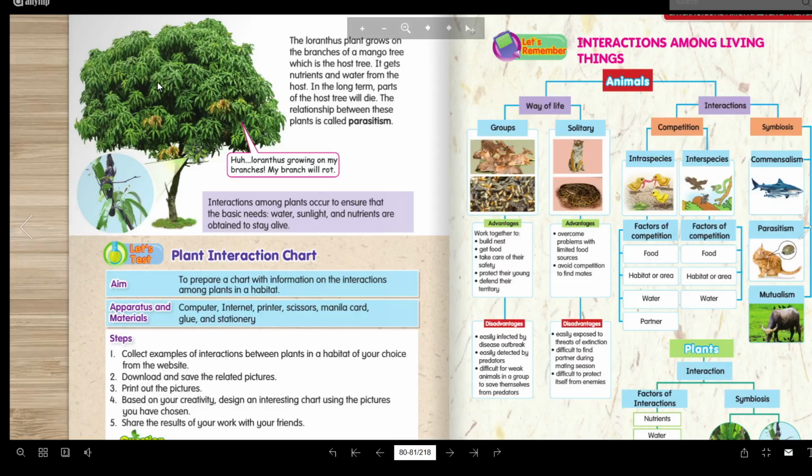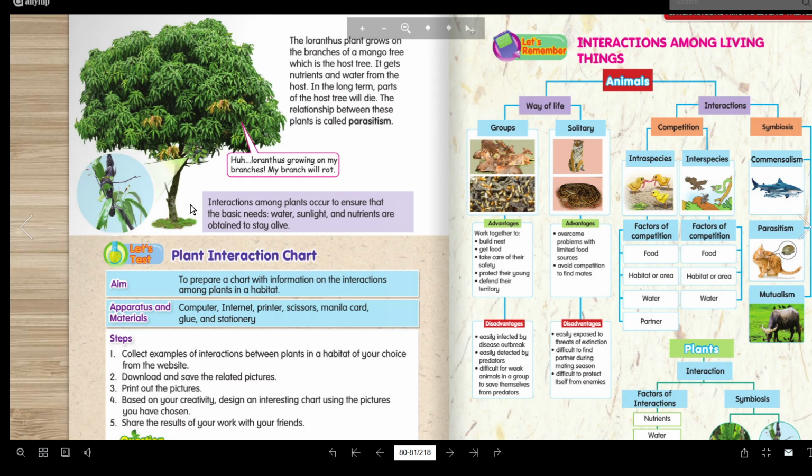So basically, in the long term, the parts of the host tree will die, because this plant growing on the branches would get the nutrients and sunlight, and the other parts of the mango tree would die.